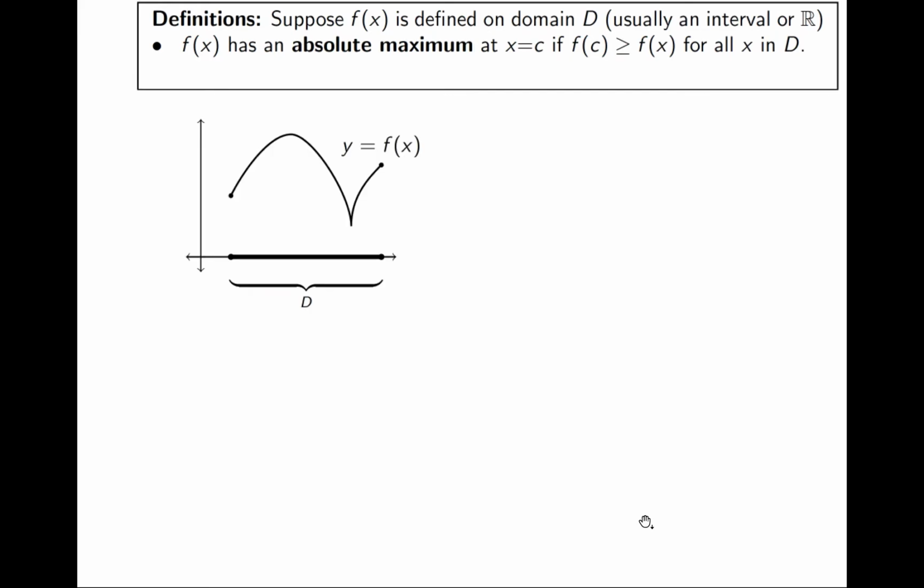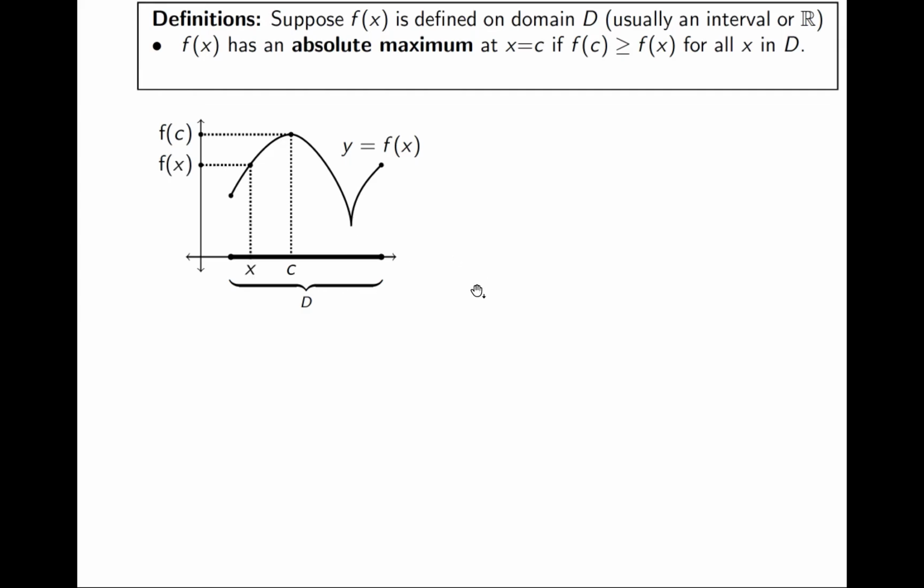So, for example, here is a graph of a function y equals f of x. And it's defined on this domain D here that's just a closed interval from this point to that point. Now, you'll notice that at this particular value c, you get f of c way up there. It's higher than any other point on the graph of this function.